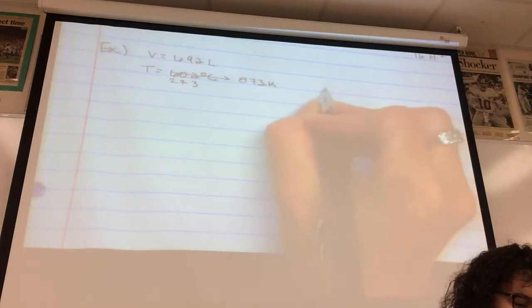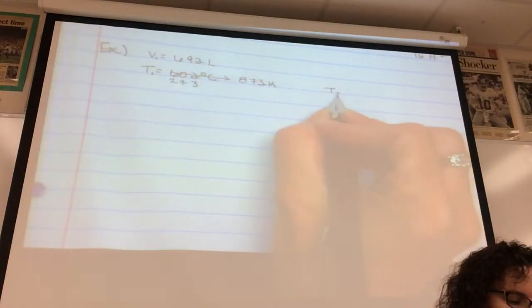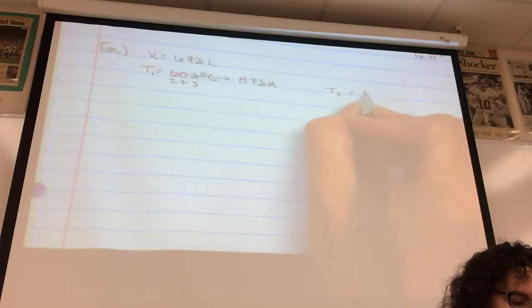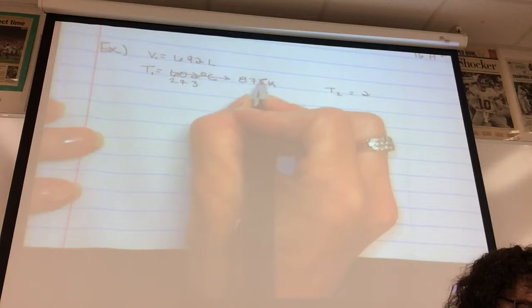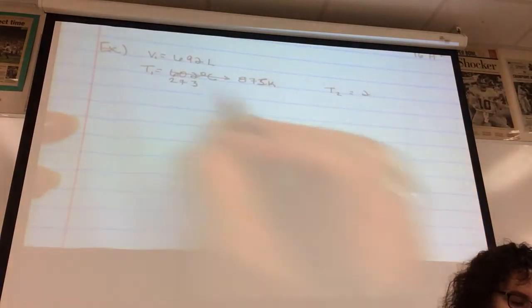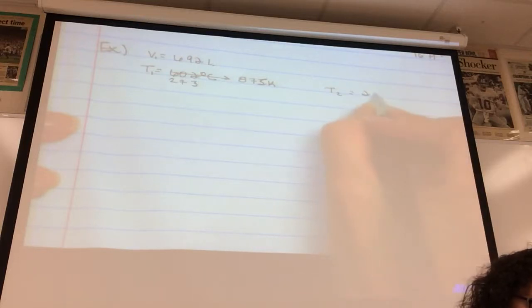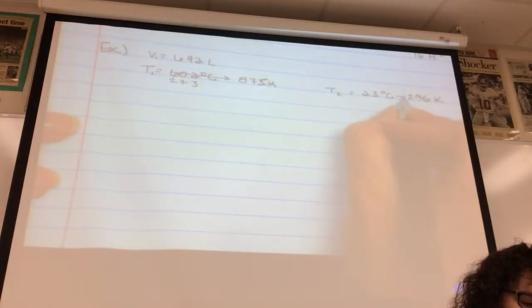Now you're going to cool, so this is the first set of conditions, V1 and T1. You're going to cool the gas. Oh, sorry, 5. That's just bad math. Thank you. 602, right. And then you're going to have 23 degrees Celsius. So that's 296 Kelvin, correct?